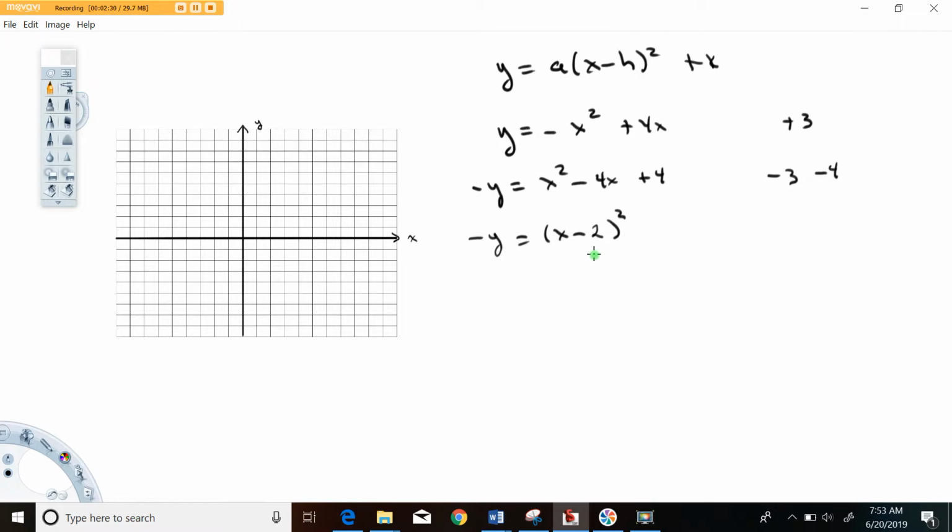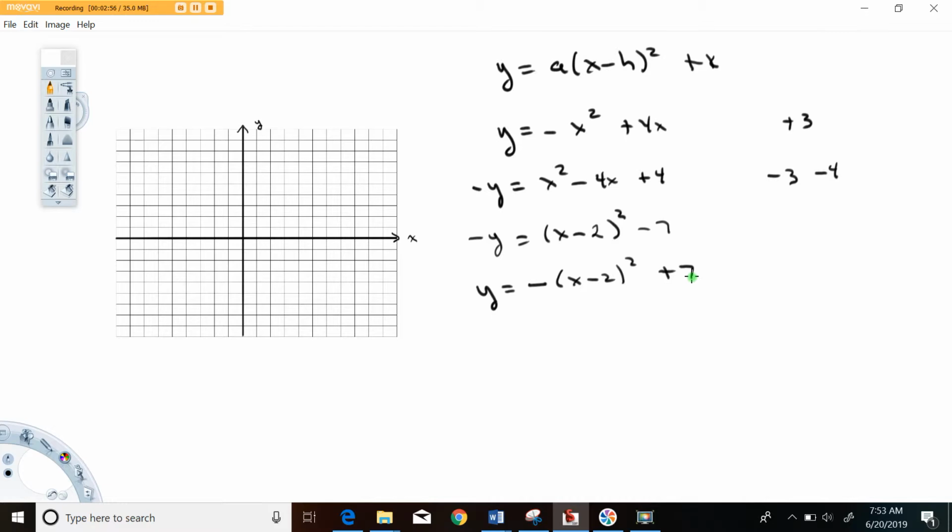That's where the term completing the square comes from. We took this and we turned it into a perfect square. And then negative 3 minus 4 is minus 7. Now, to make this look just like this, the last thing we have to do is put this minus sign over on the right by either multiplying by minus 1 or dividing, depending on which you like. That'll become a plus 7.